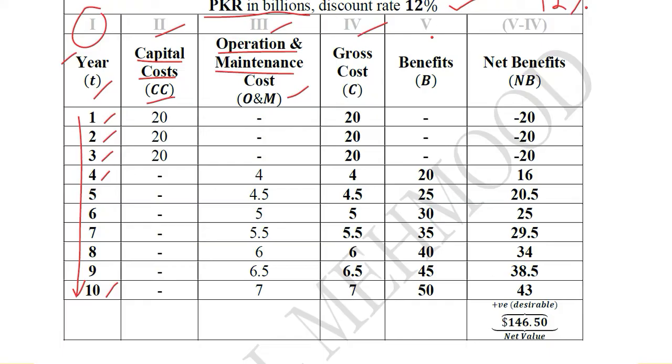So in the beginning of the project, one can expect large expenditures because this is not 20 PKR, this is 20 billion PKR, which is definitely a large amount. And it is happening for first 3 years. It means that the project is still in the process of construction till the end of the third year.